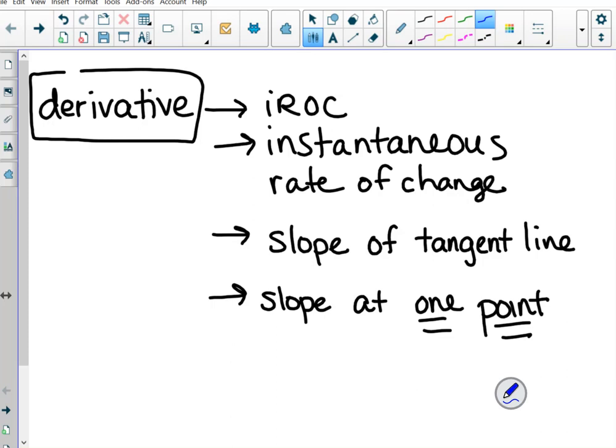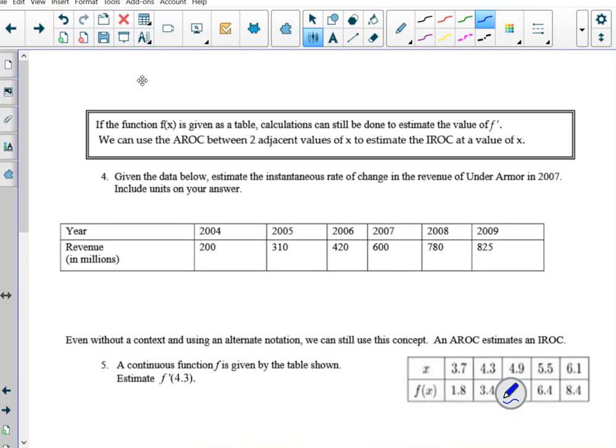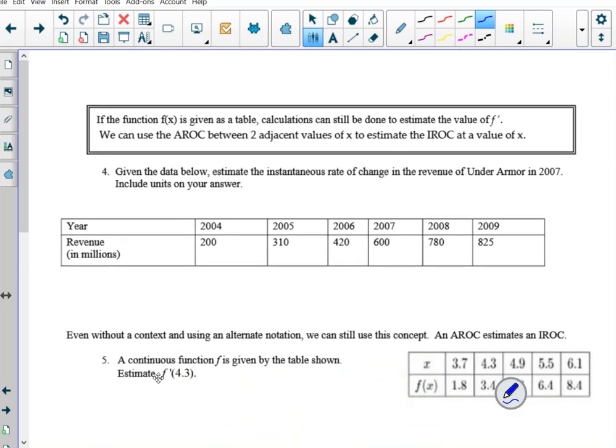Okay. We've already looked at this table earlier, let's scooch down here. This is in your packet. On the first page of the packet, we used this table to calculate an average rate of change, AROC.